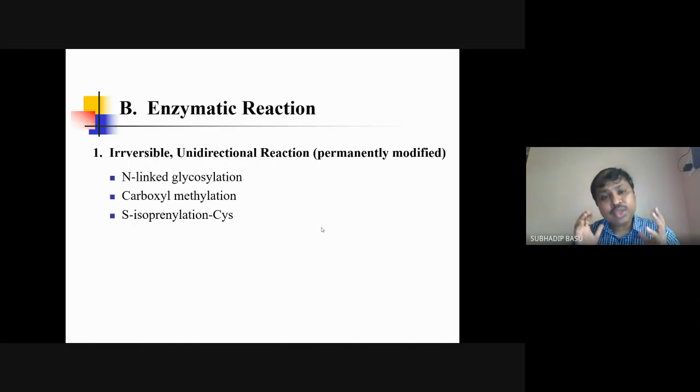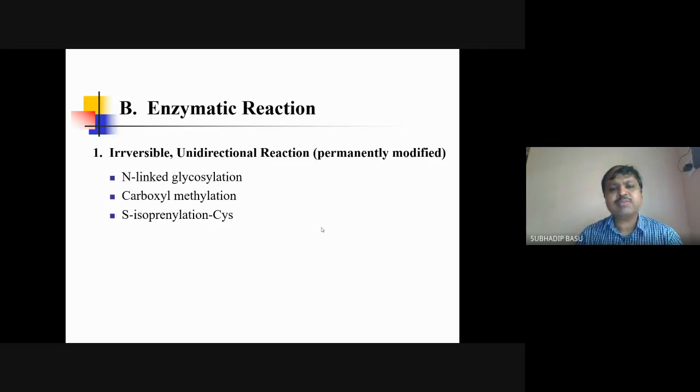Now there are some enzymatic reactions also, and this is most interesting, to be honest. Enzymatic reactions means some enzymes, some other proteins, mediate some specific types of post-translational modifications, and it's like you are having an external agent to change certain functionality of a protein permanently.